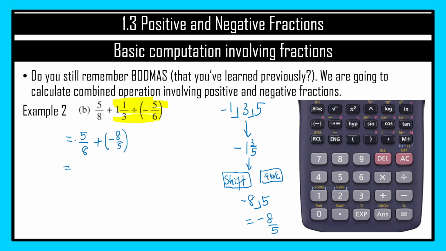Right, next will be 5 over 8 plus negative 8 over 5. Okay, use your calculator to help you, or you can manually change the denominator so that it is the same. Now if you have calculator ready, I'm sure that you prefer the faster way.